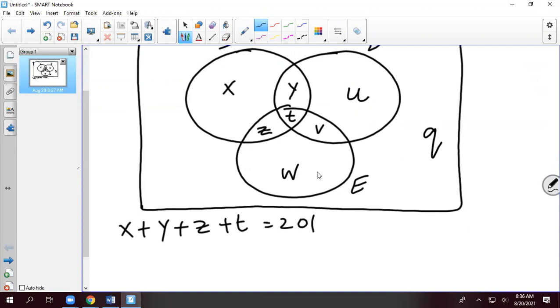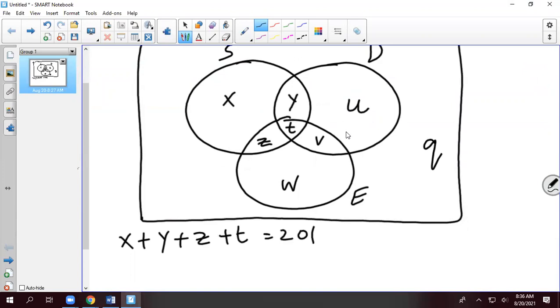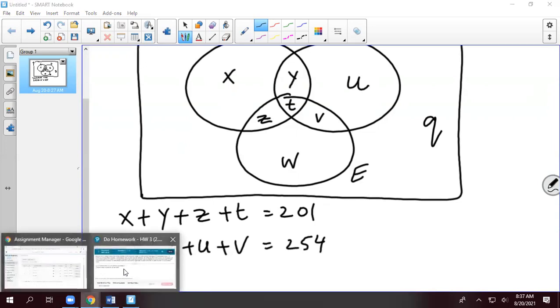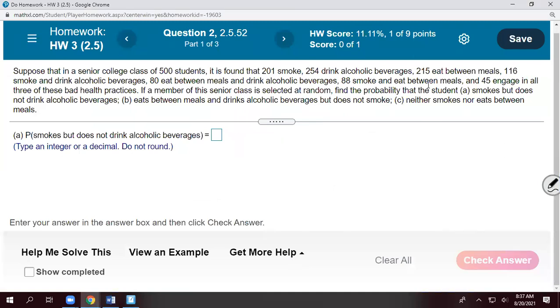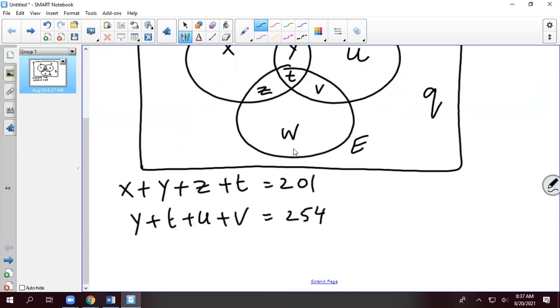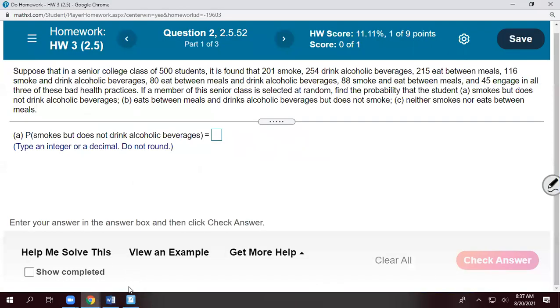Then 254 drink, and drinking is this right circle, which is composed of Y, T, U, V. And then eating between the meals, which was 215, is this bottom circle, so Z, T, V, and W equals 215.